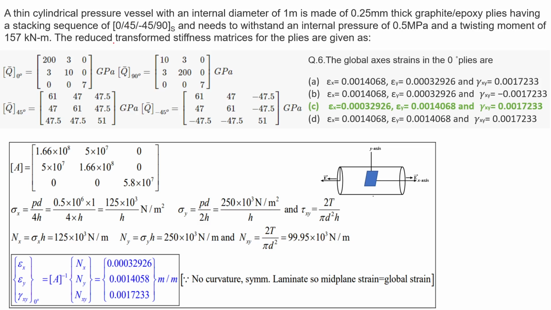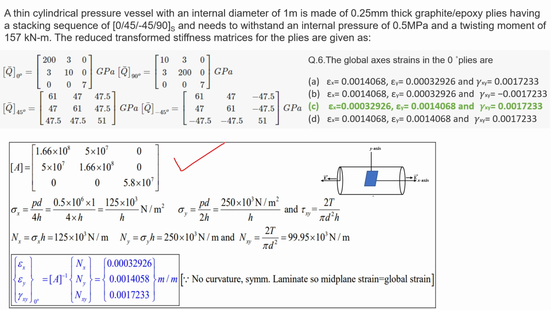So you will do 2 multiplied by the reduced stiffness matrix of 0 degree into the thickness, that is given as 0.25 mm, plus 2 times reduced stiffness matrix of 45 into the thickness 0.25, plus 2 times reduced stiffness matrix of minus 45 into the thickness, plus 2 times reduced stiffness matrix of 90 degree into thickness. So that whole summation will give you the A matrix. So this is the A matrix.